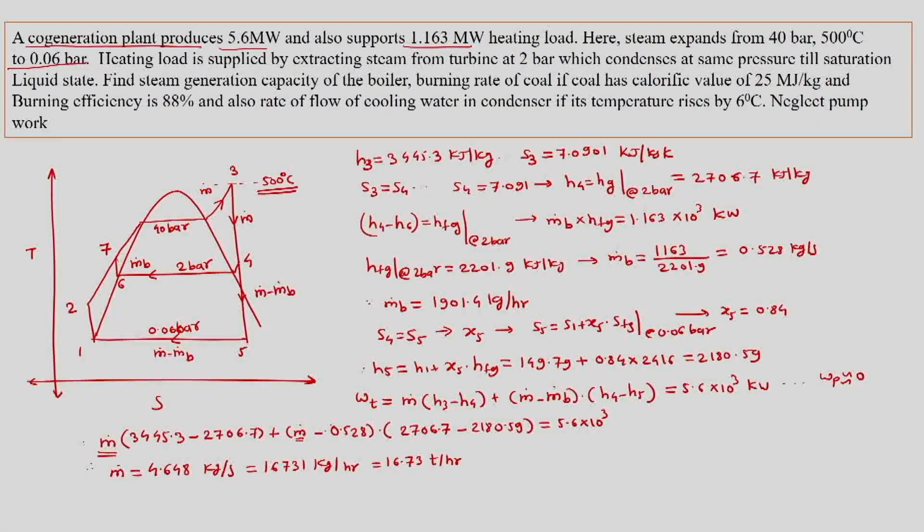So this is what we have got for the mass flow rate for the steam power plant, which is used as a cogeneration plant. Now we will go ahead and work for the coal, which is the total fuel supplied for the cycle.